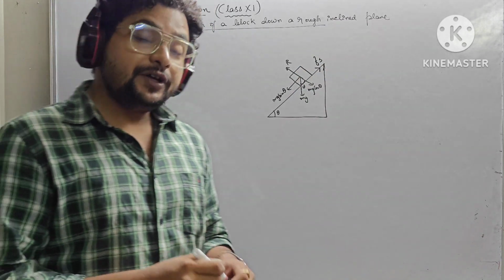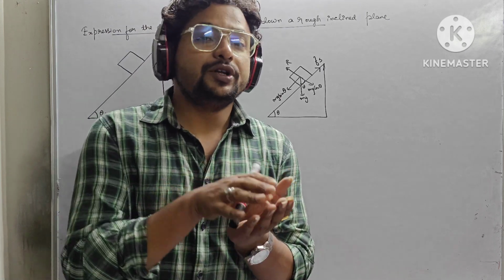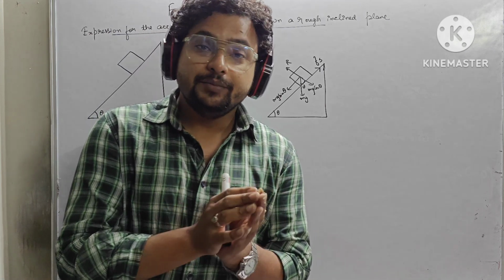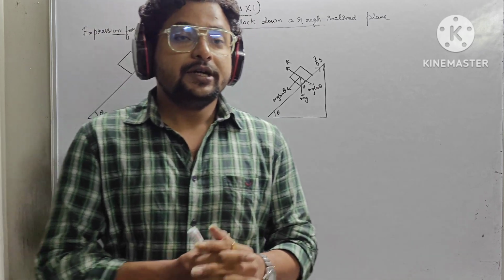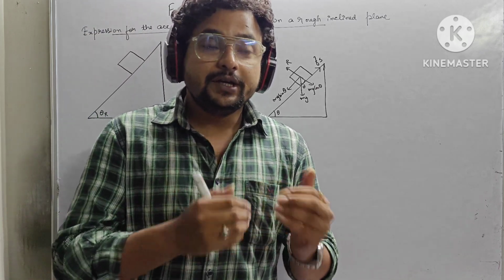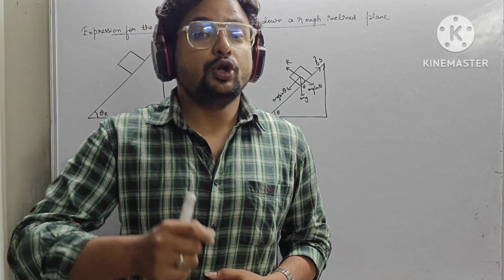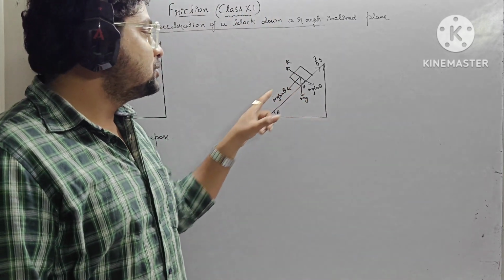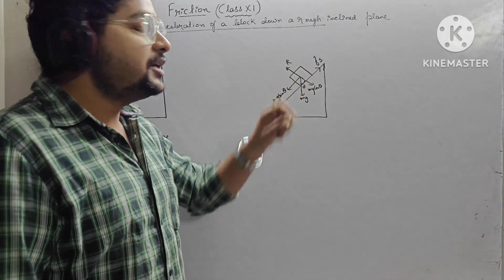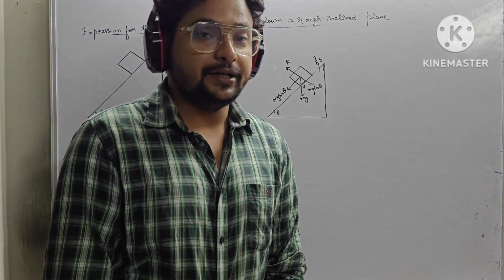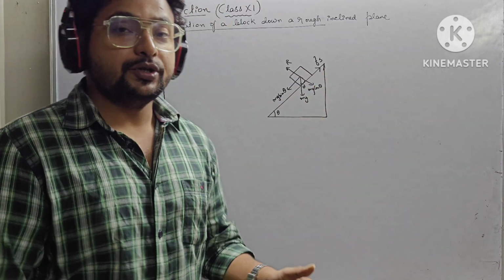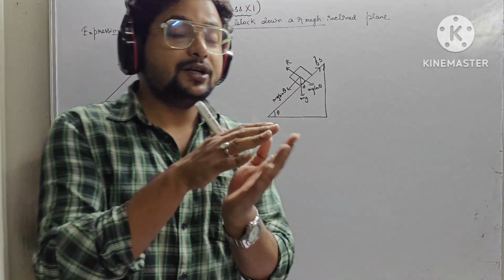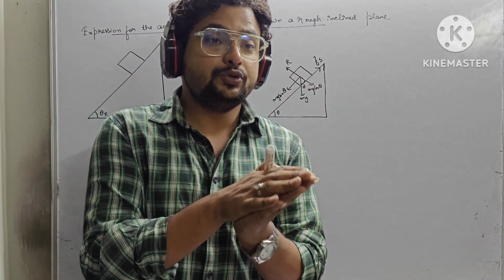Friction always tries to keep two bodies together, and remember, friction is an adjusting force. That means if you increase the external force, friction can also increase up to a certain level. When the body tries to slide down due to mg sin theta, friction is going to stop the body from sliding down, because friction always wants the body and the surface to be together.